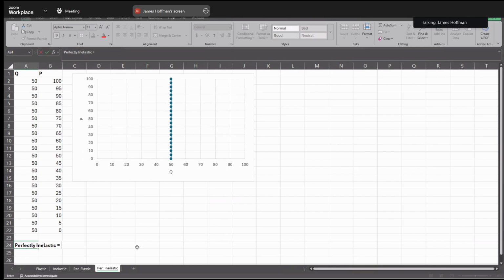The quantity demanded does not change regardless of the price.